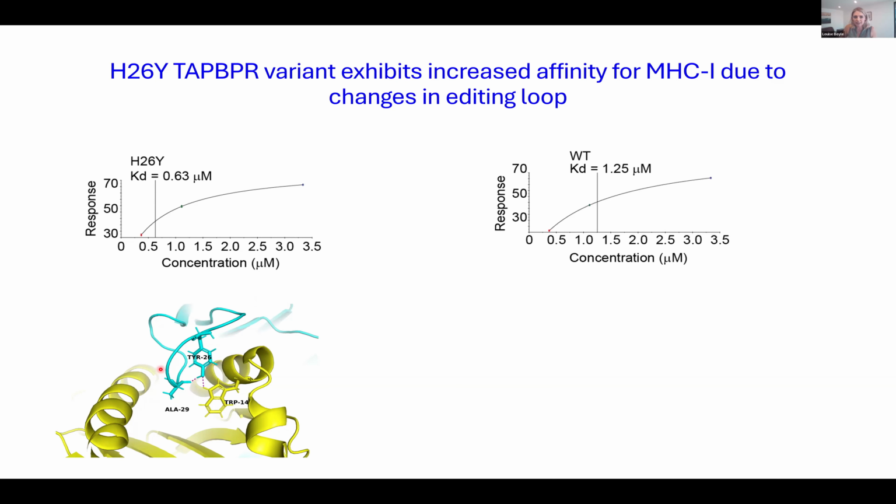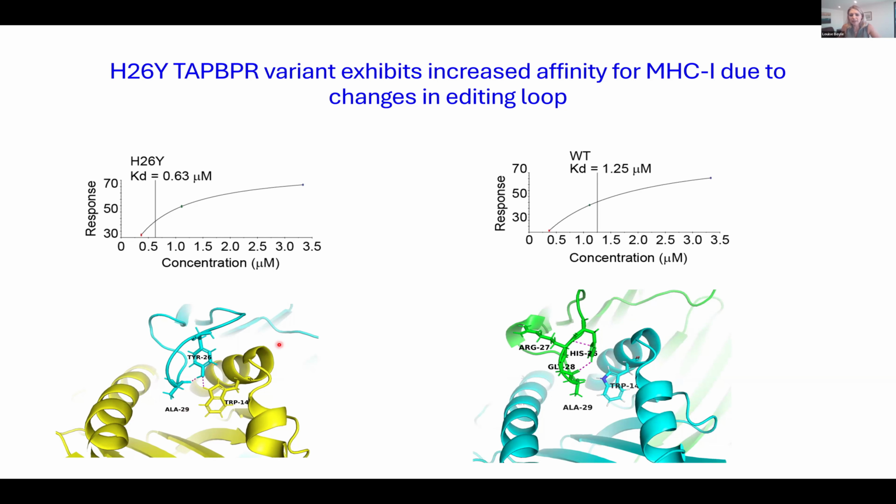And what this suggests is that the introduction of this tyrosine residue stabilizes the TAPBPR editing loop. This tyrosine residue forms stable interactions with alanine 29 of the TAPBPR loop, and also a tryptophan residue, which is found at position 147 in the MHC class 1 alpha 2-1 helix. So this thereby bridges this loop region closer to the MHC class 1 F pocket.